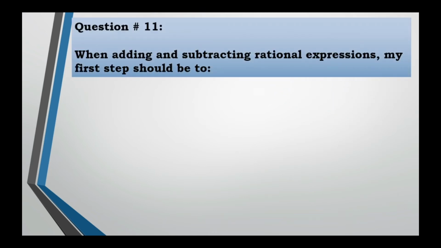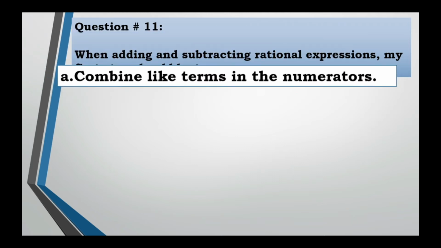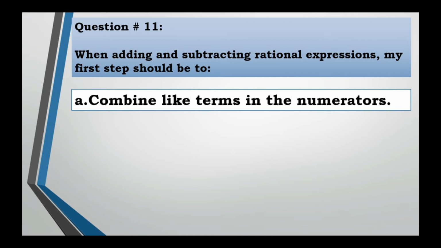Question number 11. When adding and subtracting rational expressions, my first step should be letter A, to combine like terms in the numerators.